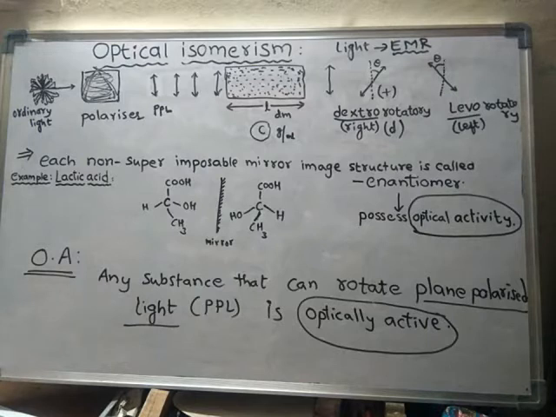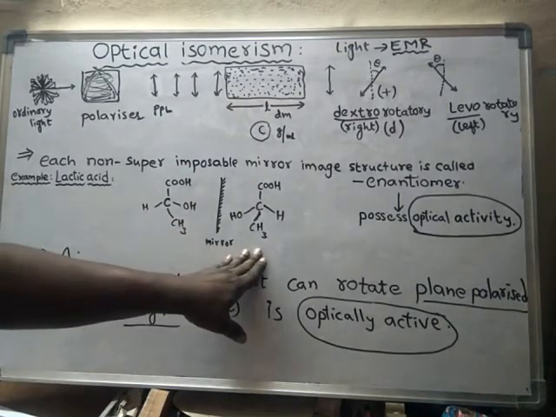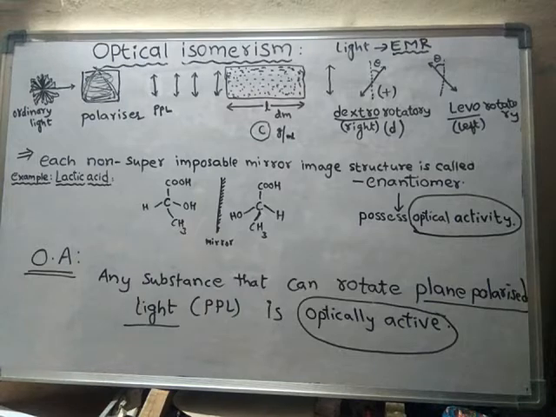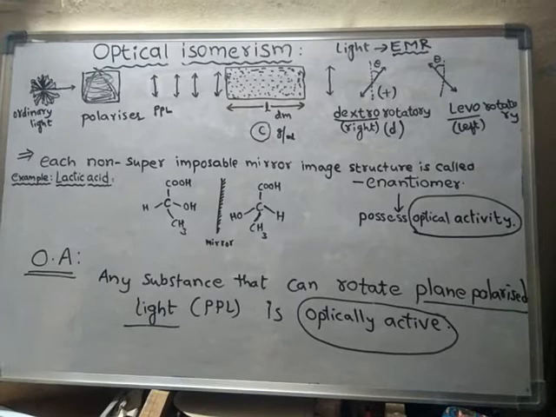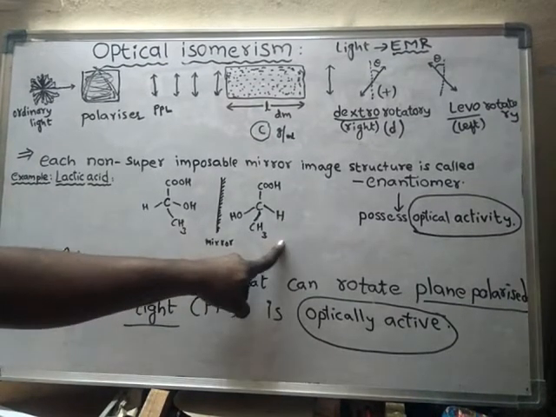So in this way, there are dextrorotatory and levorotatory compounds. Which one is dextrorotatory and which is levorotatory, we cannot identify easily. This can be known only from experiments. If one is dextrorotatory, the other will be levorotatory.